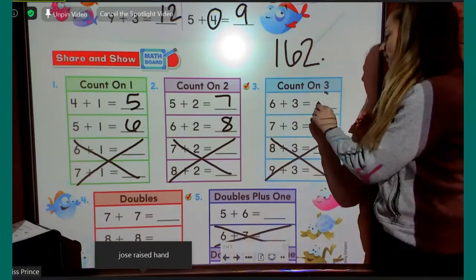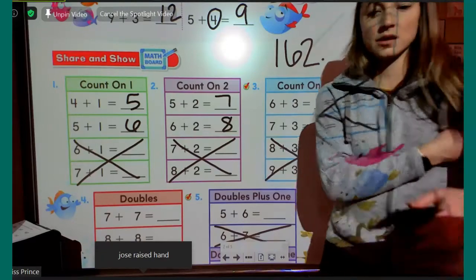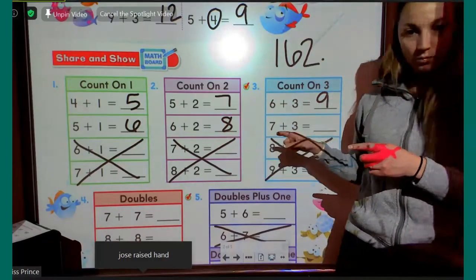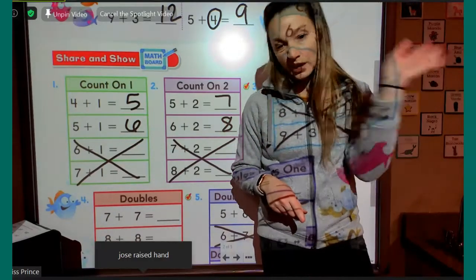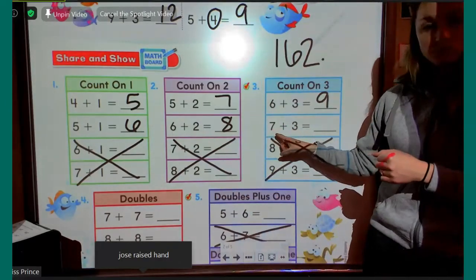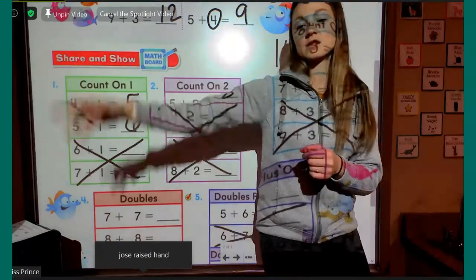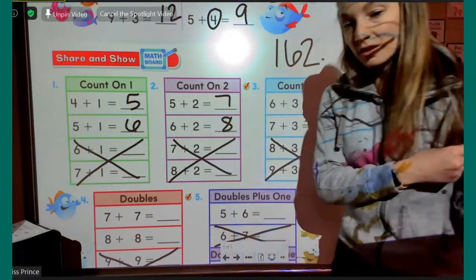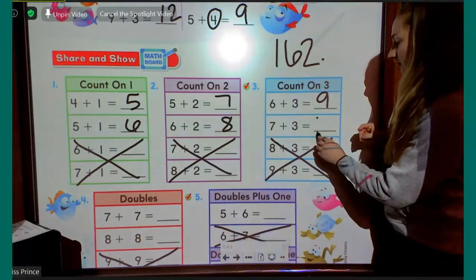Good job. These are super quick, boys and girls. When we are counting these, you look for the bigger number. We know how to count in order. We did that in kindergarten. We're way past that. So all we do is choose the bigger one, scoop it, 7, 8, 9, 10. See how easy and super quick that is?